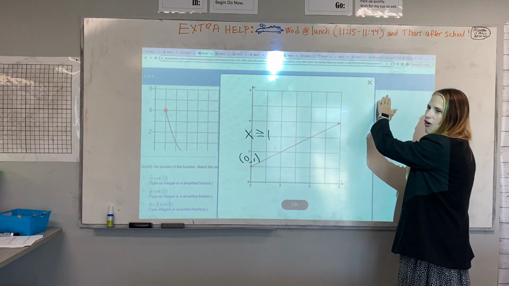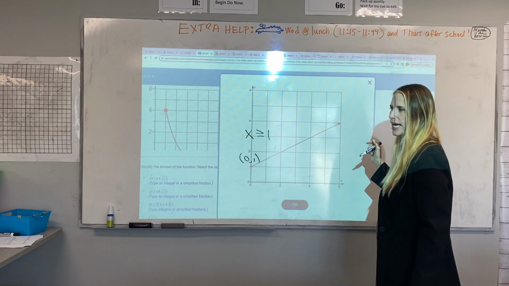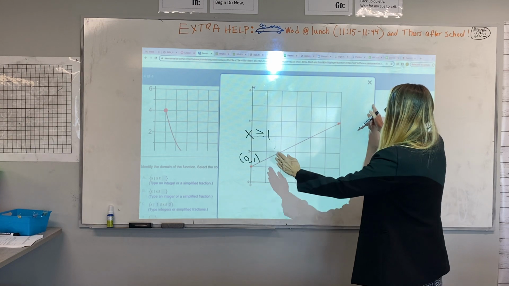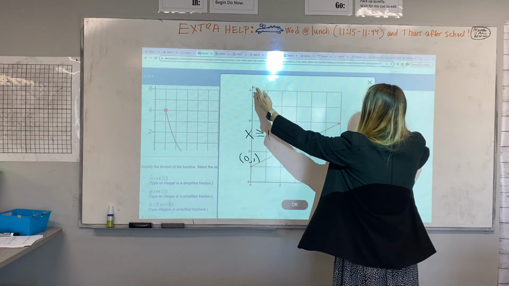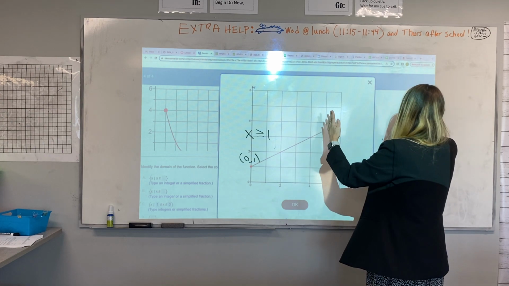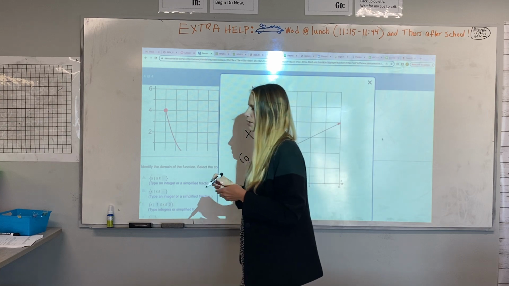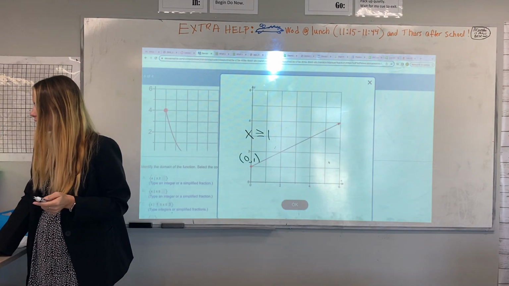It looks like it's getting far from the y-axis, right? But it doesn't matter how far it gets from the y-axis, it's still hitting all of those y values as it's continuing upward. No matter how far it gets, it's still going up and up and up on the y. So it's simply the x is greater than or equal to.